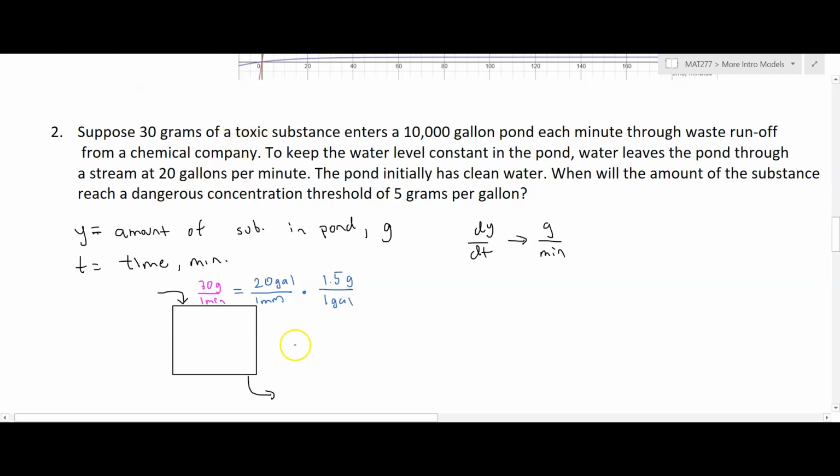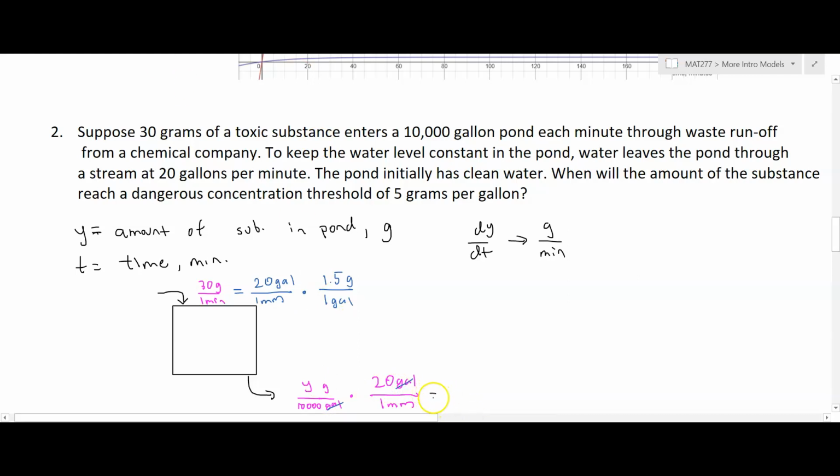And what's coming out? Once again, the concentration inside is going to be Y grams dissolved in 10,000 gallons. So again, we have grams over gallons, and that's going to get multiplied by gallons per minute, which is 20 gallons per minute. Our dimensional analysis will tell us that we are in grams per minute.